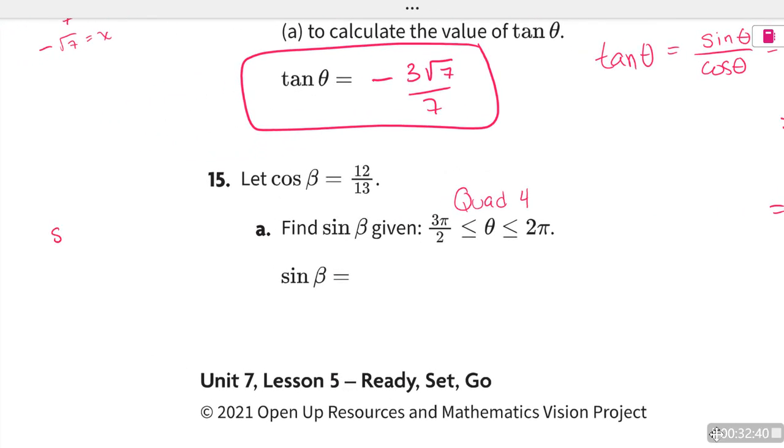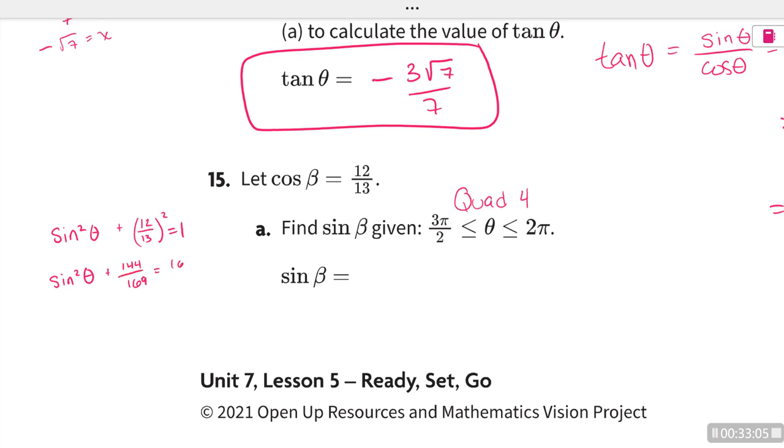We could say that sine squared of theta plus 12 over 13 squared equals 1. So that would give us sine squared theta equals, I'll do it in 2 steps, plus 144 over 169.